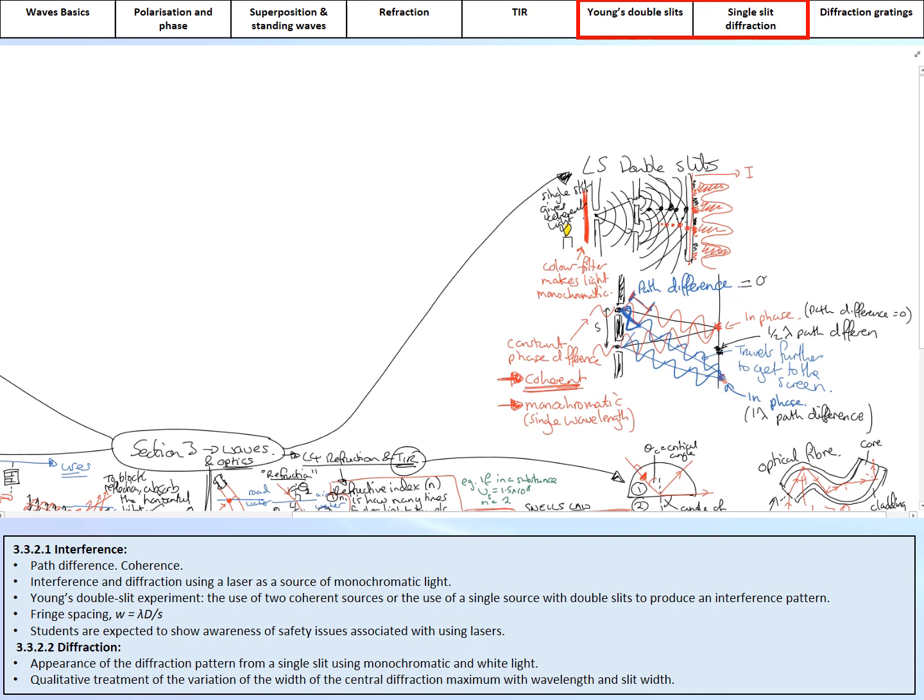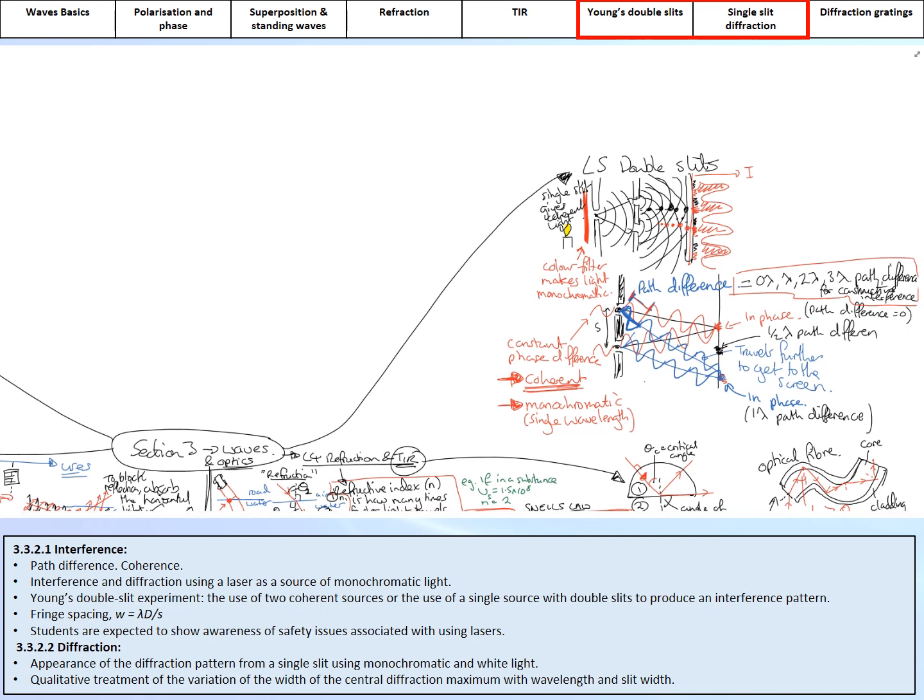So we could have 0 lambda, we could have 1 wavelength, we could have 2 wavelengths, 3 wavelengths, and so on, path difference, to give us constructive interference. And that's how we get the different bright fringes.